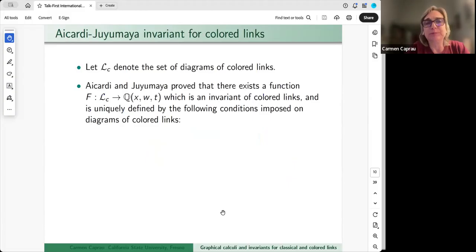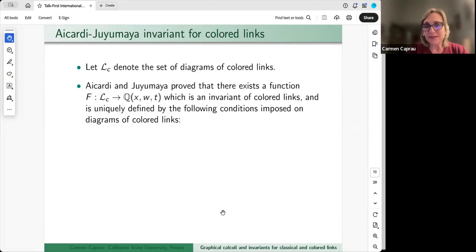This research is related to an invariant constructed by Aicardi and Juyumaya. It is actually an extension to singular links of the Homflypt polynomial of classical links. So I will go over how it was originally defined.